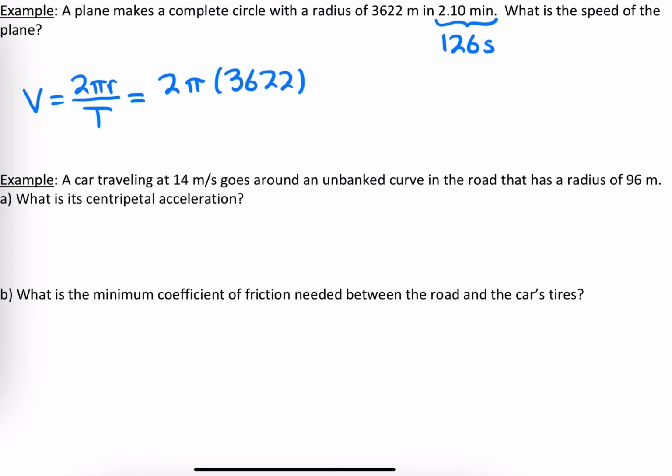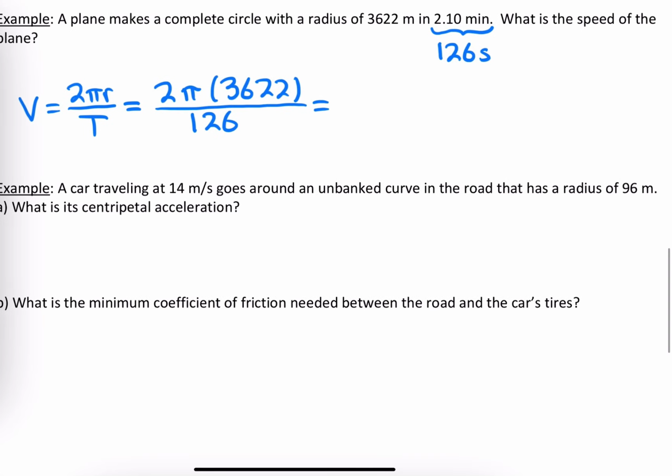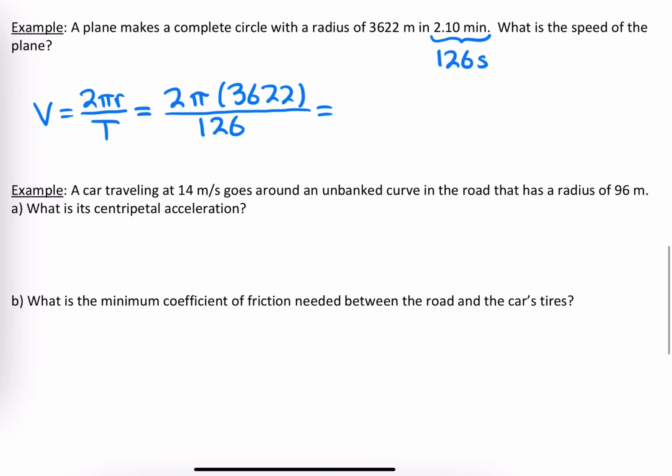That's metric base units. And t is 126. If I round this to 3 sig figs, I get 181 meters per second.